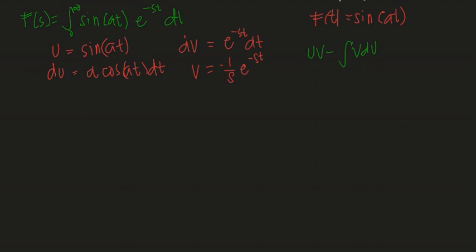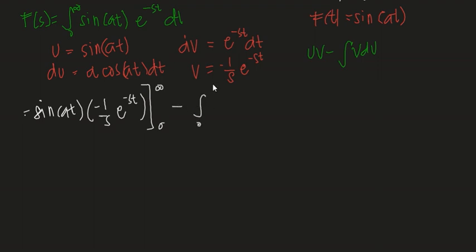Now substitute na kita diretso. So we are having the equation u naton nga sine negative s. This is evaluated infinity minus the integral from 0 to infinity of your equation v du.